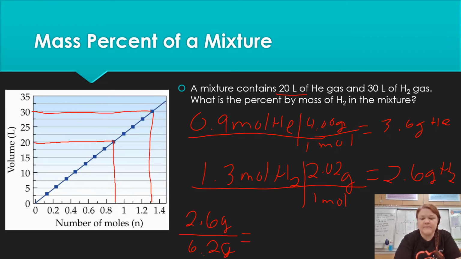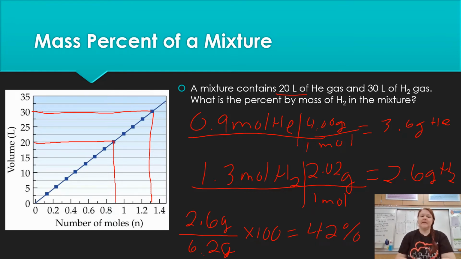And we want to multiply by 100 to make it a percentage. So 2.6 divided by 6.2 times 100, and we get 41.9%. We've only got 2 sig figs here, so that is really 42% if we round it.